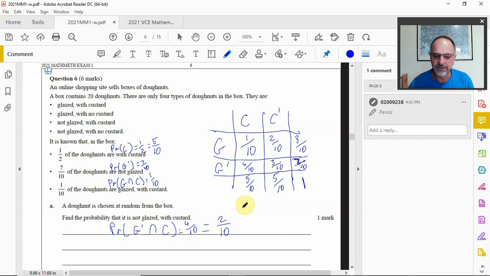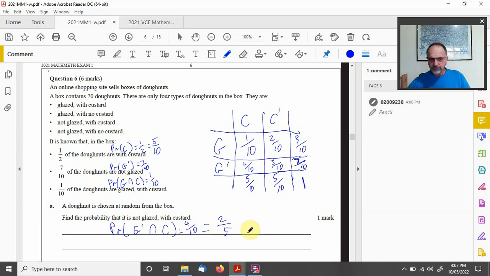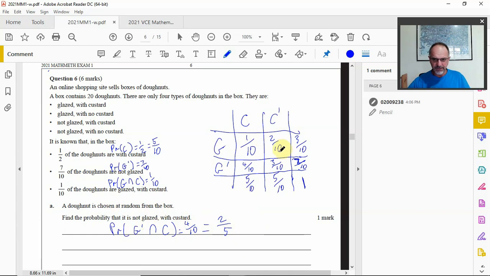Oops, not 4/10, 2/5. All right, there's our 1 mark. All right, so while the question didn't ask us to do that, it was much more straightforward in doing the question when we did draw a Karnaugh map.